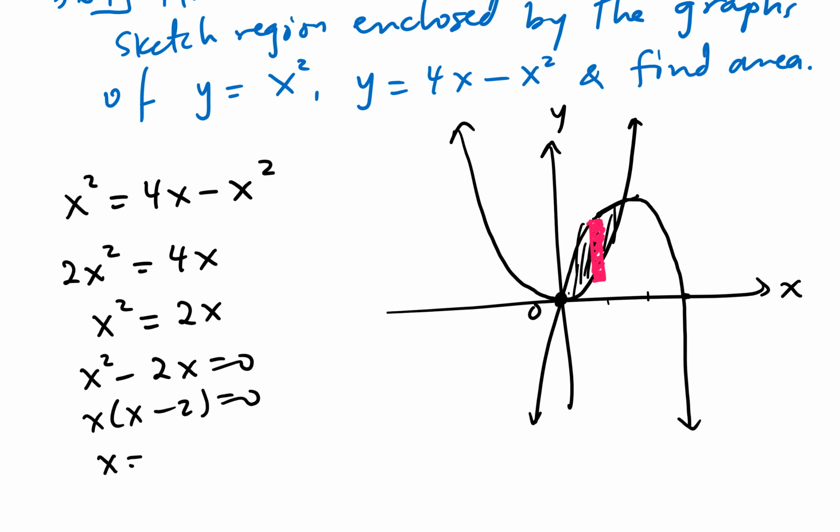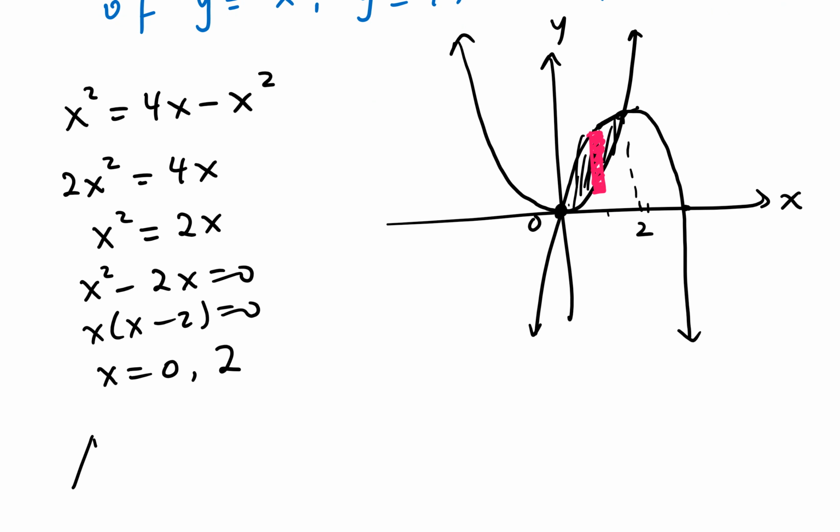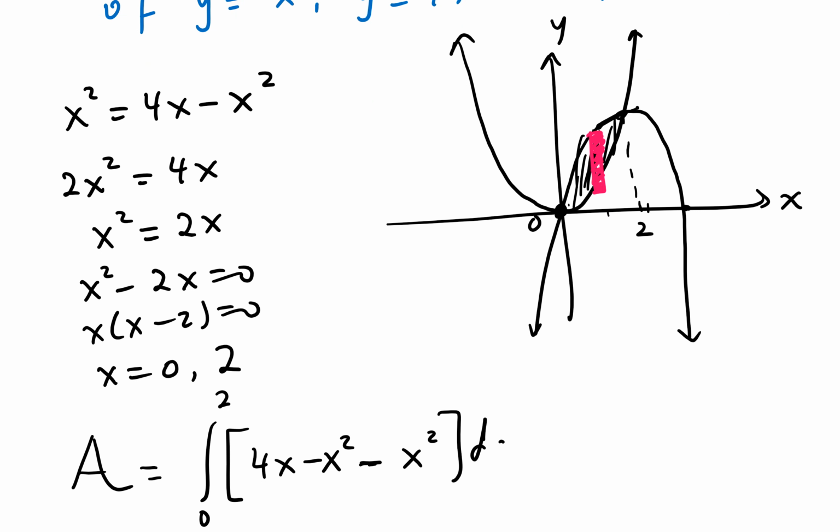That tells me they intersect at 2 and 0. So the area is the integral from 0 to 2 of the upper curve, 4x minus x squared, minus the lower curve, x squared, all dx. It's very straightforward integration, with no need for u-substitution or any other method.